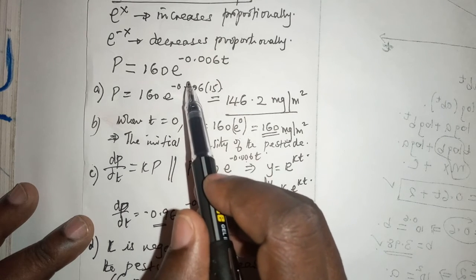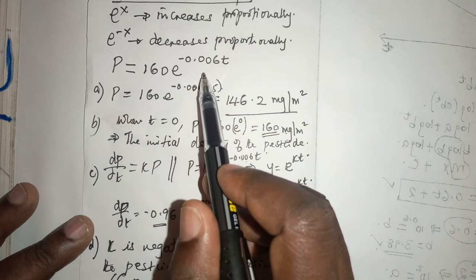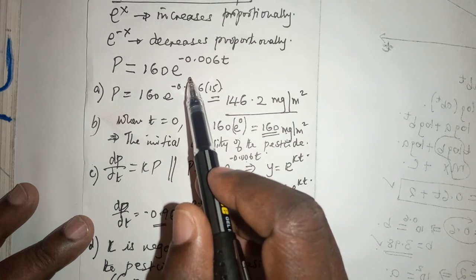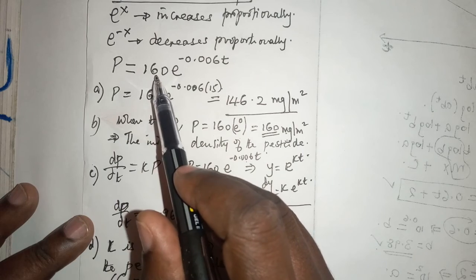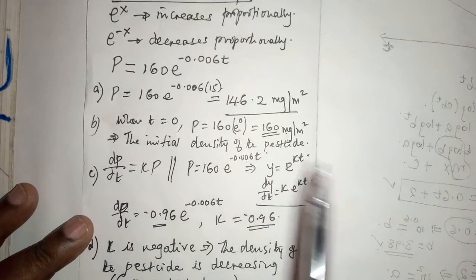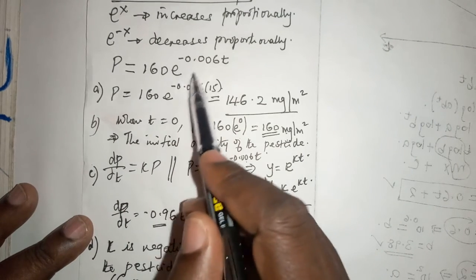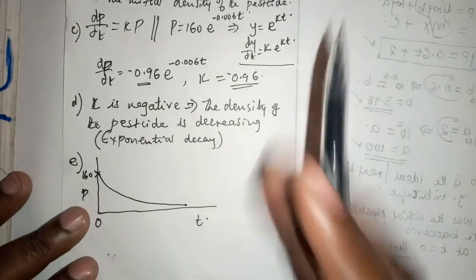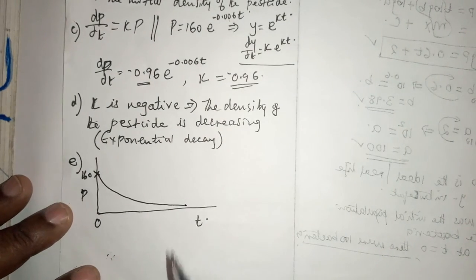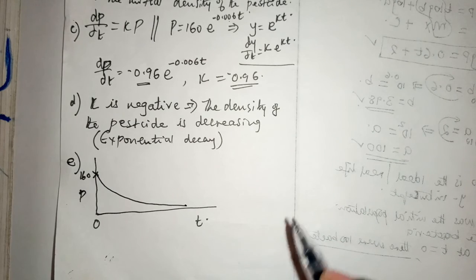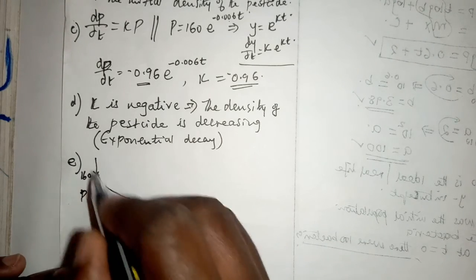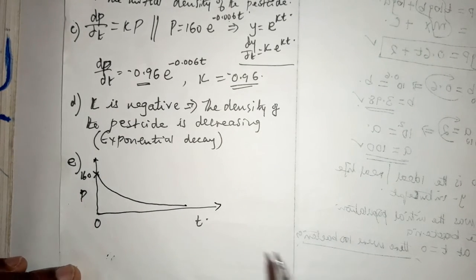So 1 over a very big number approaches 0, and 0 times anything will be approaching 0, but it does not really get to 0, and that is why our graph should never touch the x-axis. So yes, that is the sketch of P against t.